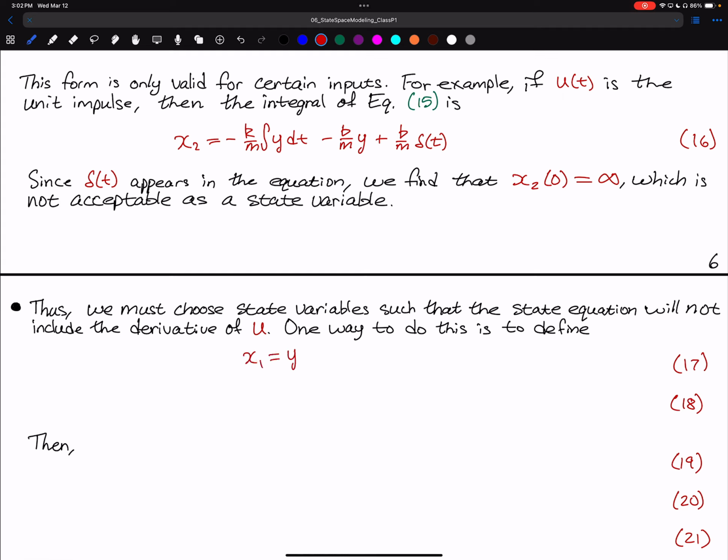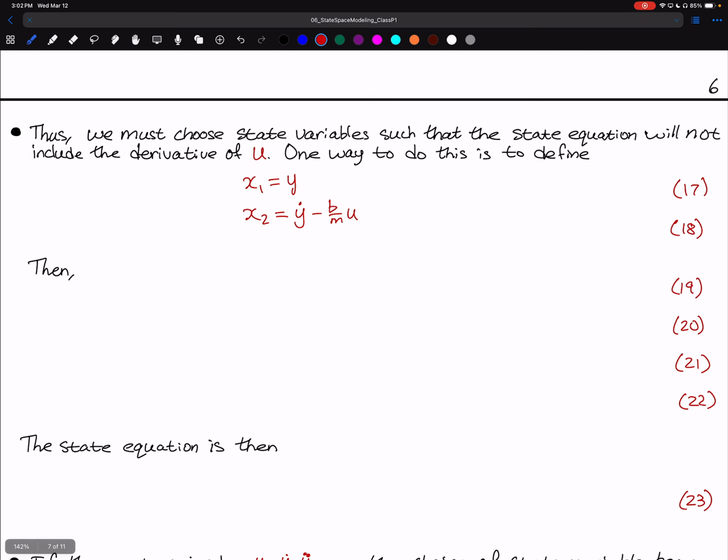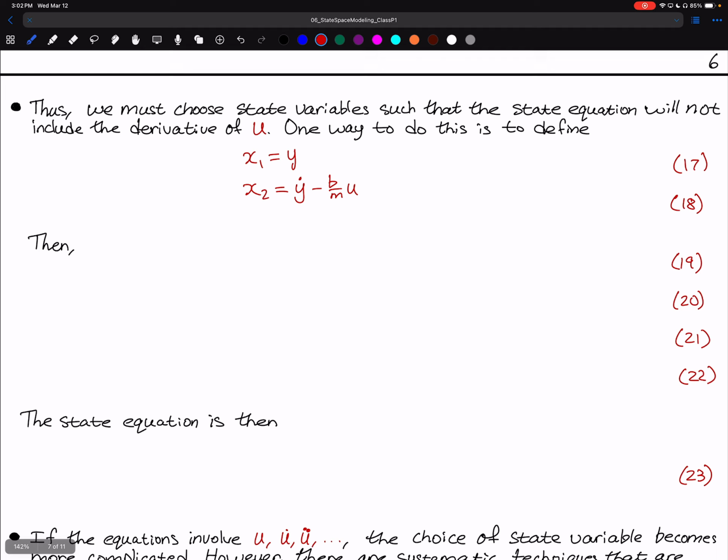the same as before. Then x2 is going to be equal to y dot minus b over m times u. When we take the time derivative of that second equation, equation 18, we get x2 dot is equal to y double dot minus b over m u dot.